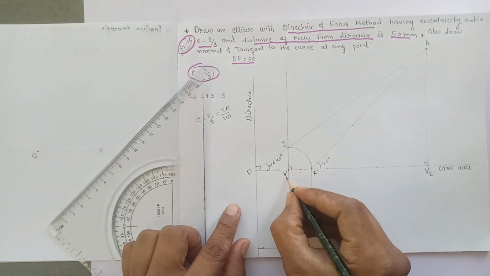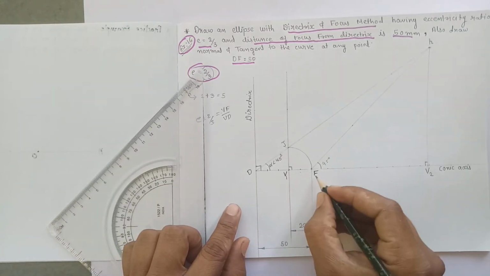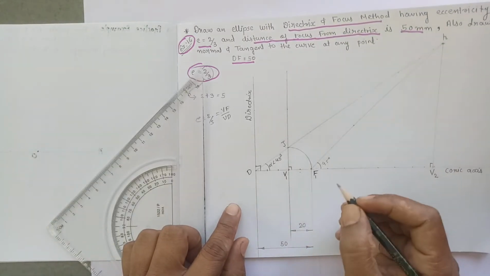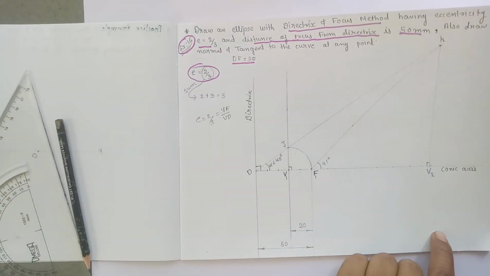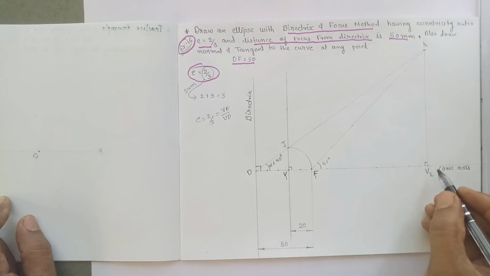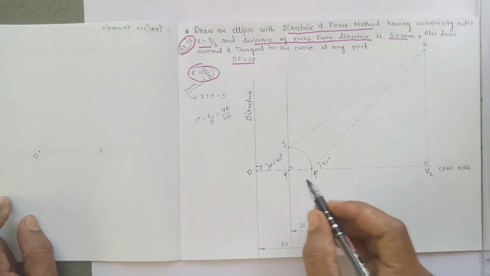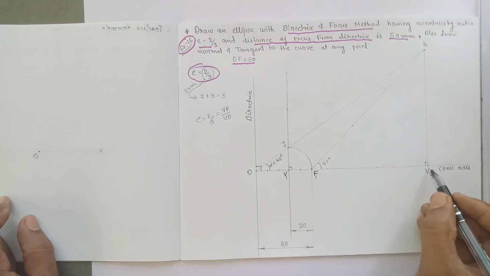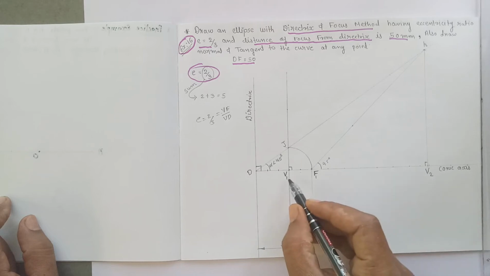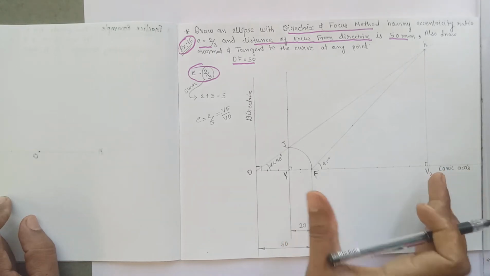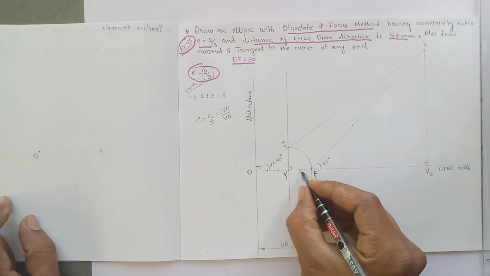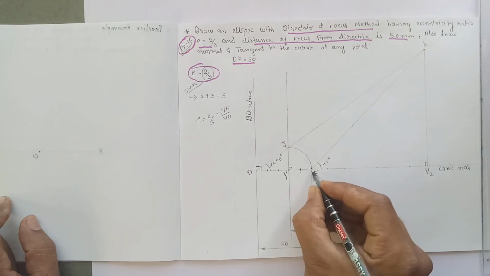So we can say that this point is a vertex point V1 and this point is a focus point F1. So after deriving V2 point, divide this distance V1 and V2, or make divisions in between V1 and V2. You can make the divisions randomly or you can mark the points randomly.